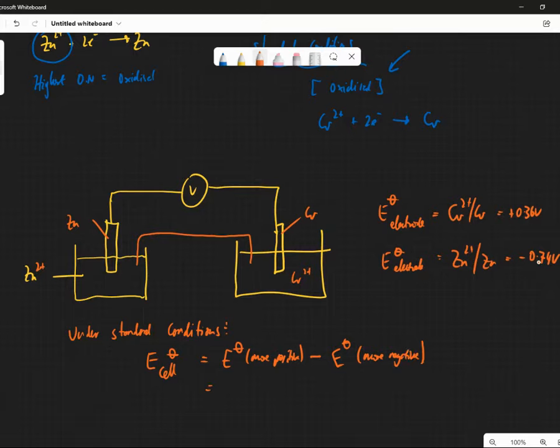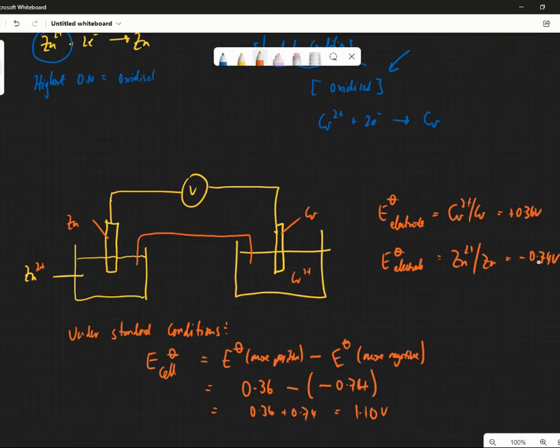The more positive is 0.34 minus minus 0.74, and therefore we get 0.34 plus 0.74, which is equal to 1.1 volt. Does that make any sense at all? 1.1 volt. Are we good?